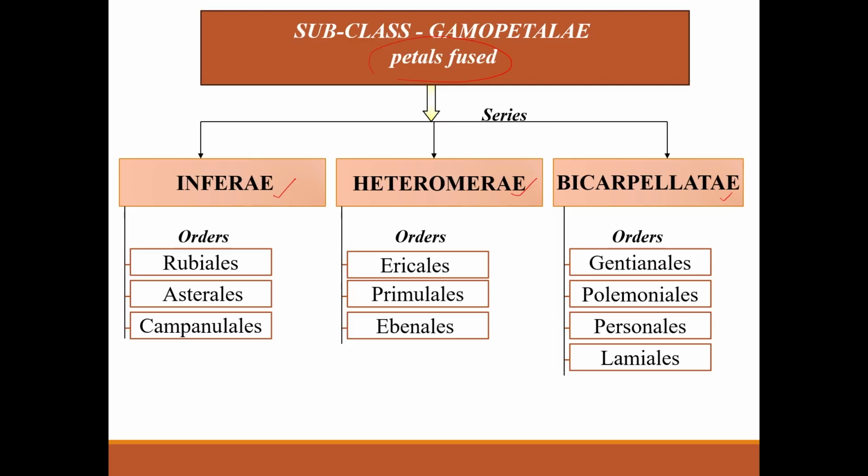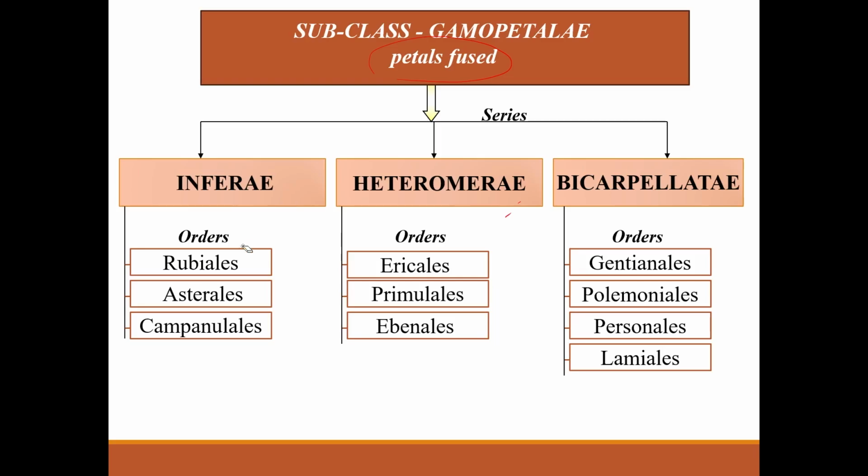Heteromerae are plants that have carpels between 3 to 5. In Bicarpellatae, the gynoecium has 2 carpels, but superior. So here the carpels are inferior, here they are superior, and here the number of carpels varies between 3 to 5.